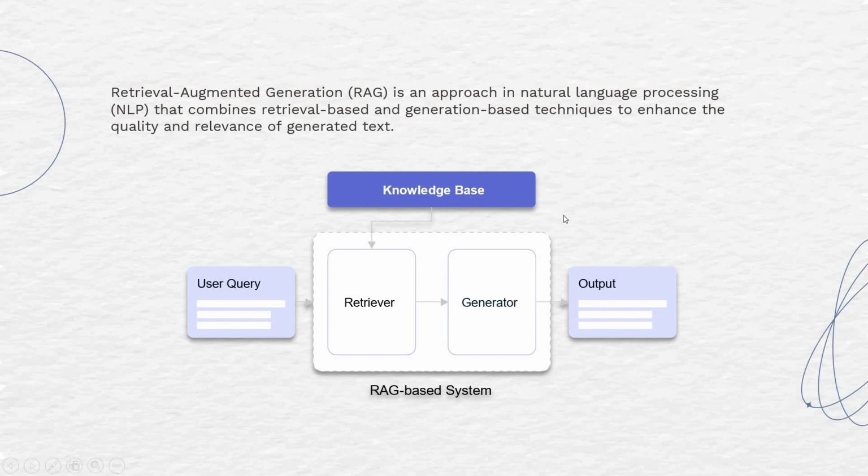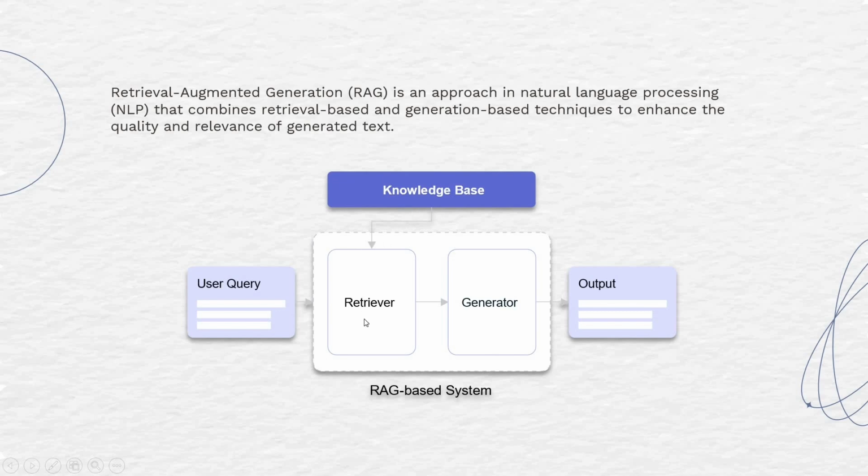So in order for RAG to work, you need to have a knowledge base. Knowledge base is nothing but your data set. Once it's there in the picture, when a user makes a query, initially the relevant information is retrieved from this knowledge base or your database.